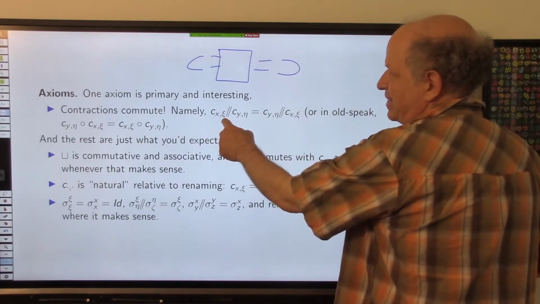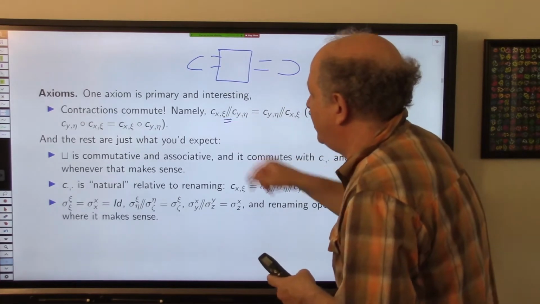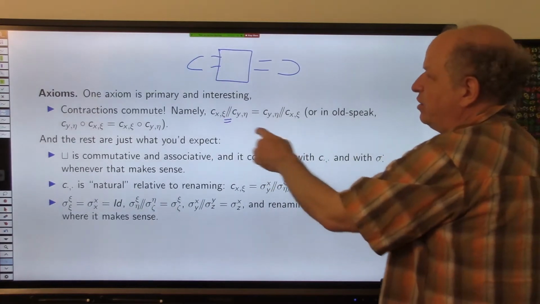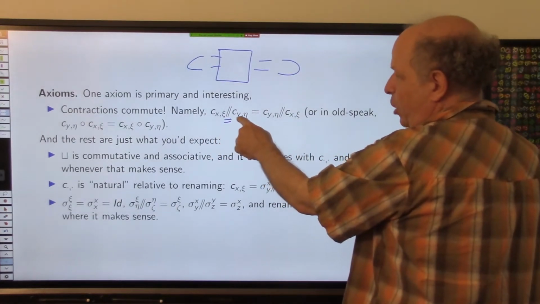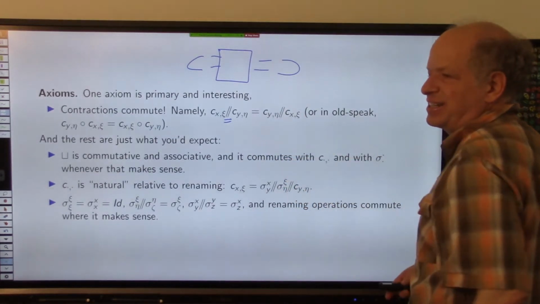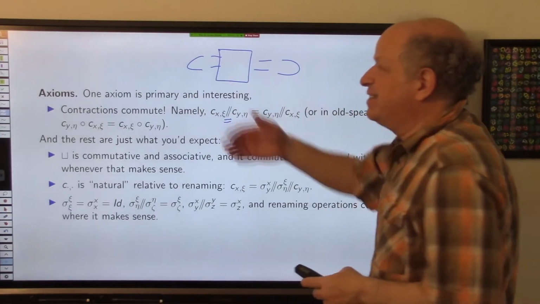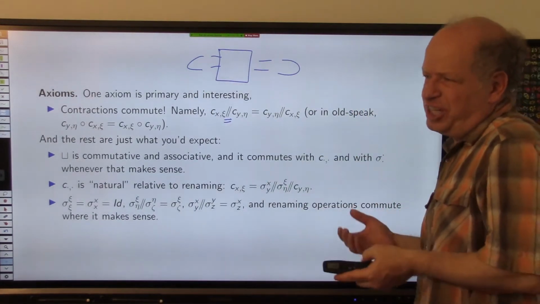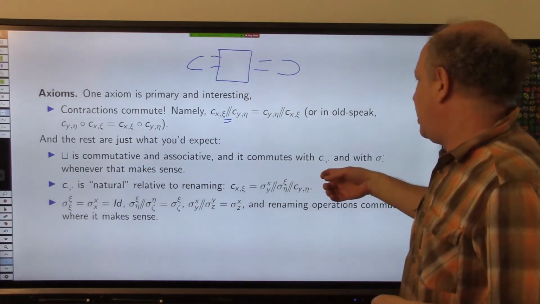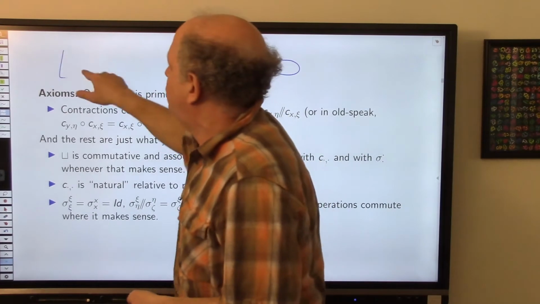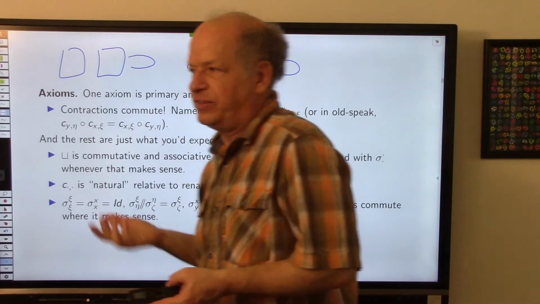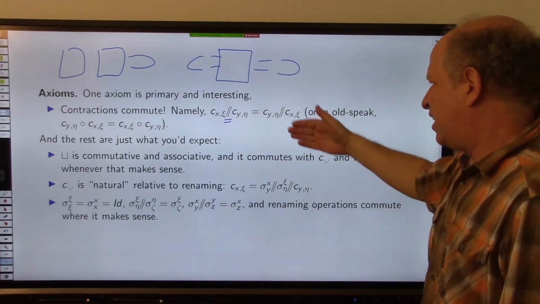So Cx psi followed by Cy eta, where followed by is notation for composition going from left to right, is the same as Cy eta followed by Cx psi. This is the interesting axiom. Then there are silly axioms. The disjoint union is commutative and associative, and it commutes with contraction. So if you take the disjoint union of two things and then contract, it's the same as first contracting and then taking the disjoint union.